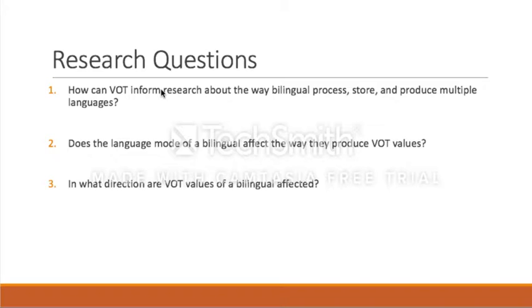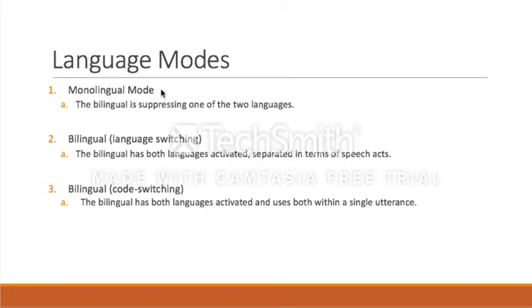So with these in mind, we will get into language modes, and we'll define them one more time very quickly. So we have monolingual mode, and in monolingual mode, the bilingual is suppressing one of the two languages. This can happen for multiple reasons, such as explained earlier.